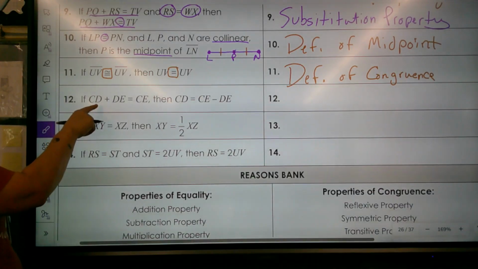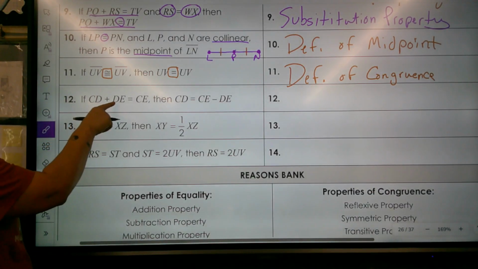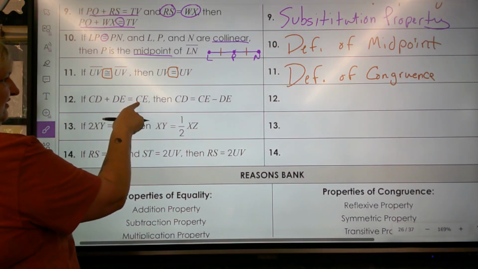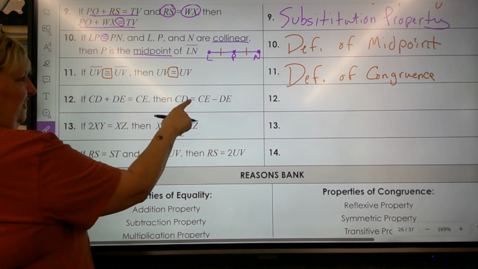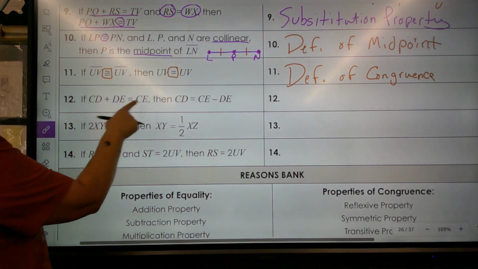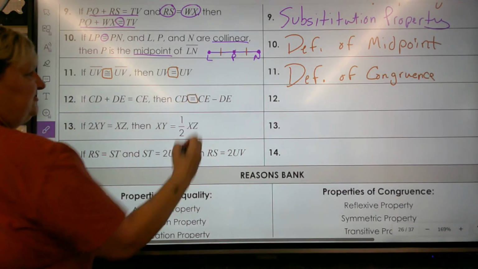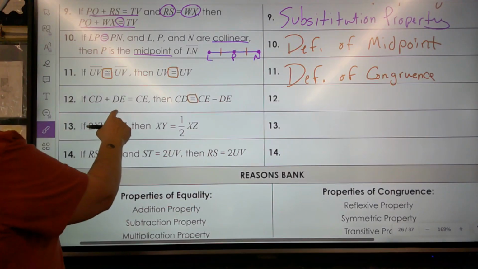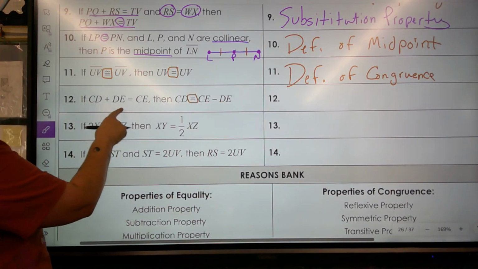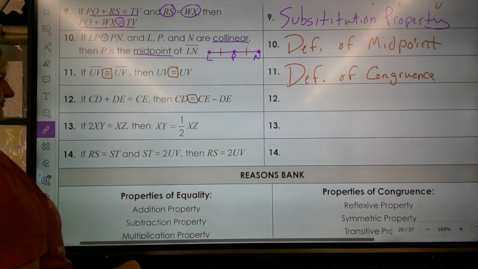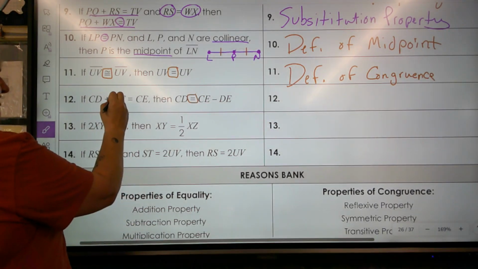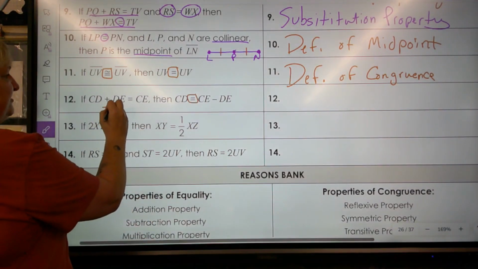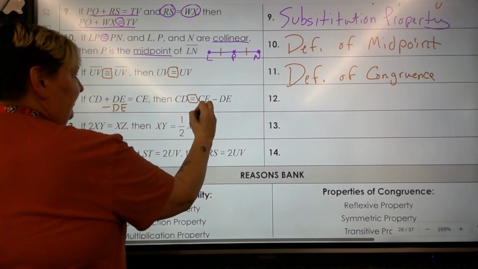If CD plus DE equals CE, then CD equals CE minus DE. So how did we get from here to here? We know it's an equal sign, so we know we can use the properties of equality. What did they do to this equation to get to this equation? Well, this moved to the other side of the equal sign, which means they had to subtract it from both sides.